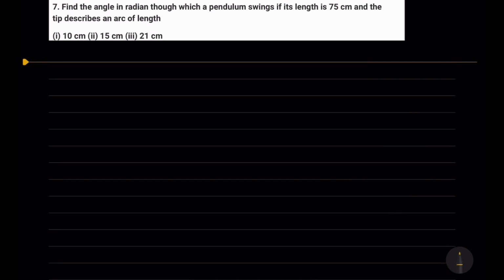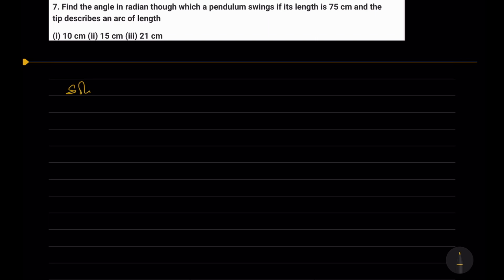So seventh problem: find the angle in radian through which a pendulum swings if its length is 75 centimeters and the tip describes an arc of length 10 centimeters, 15 centimeters and 21 centimeters.